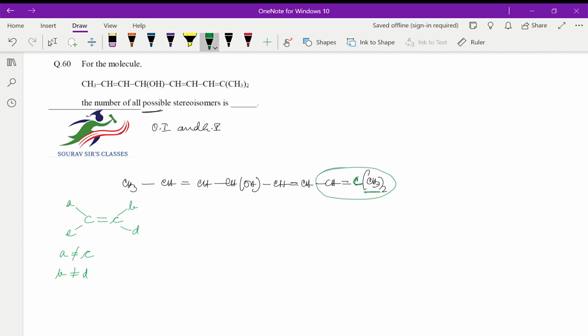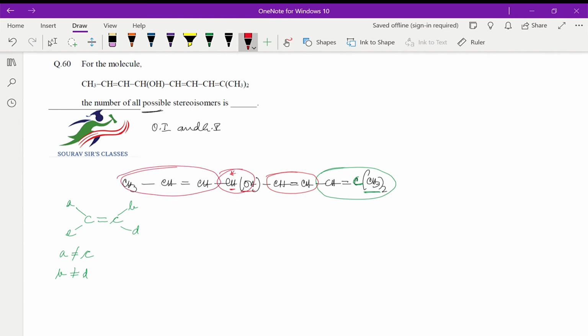If you identify the stereogenic centers, this is one stereogenic center, attached to OH, CH, and this whole group is different from the other. The total group on the right hand side is different from the alkene group on the left hand side, so this is another stereogenic center showing optical isomerism, and this is another stereogenic center.